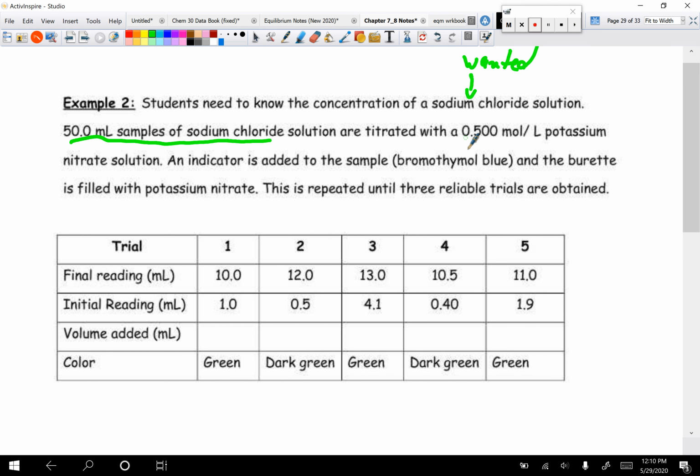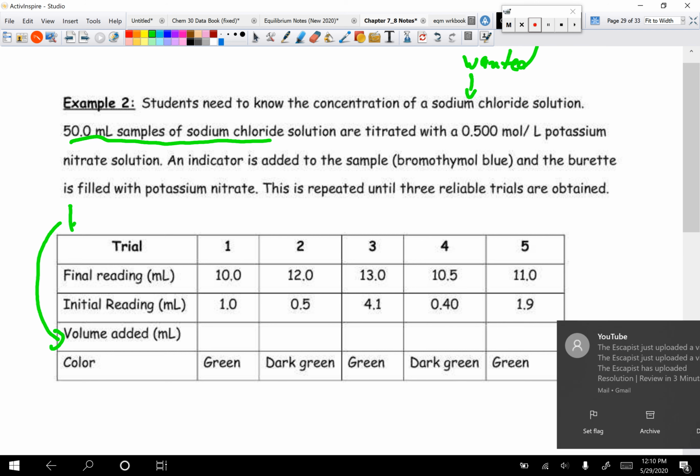Solution are titrated with a 0.500 moles per liter solution of potassium nitrate. So this should be our given, because obviously if sodium chloride is our wanted, our next thing, our potassium nitrate solution, is our given. So that means if this is our titrant, our volume added is for the potassium nitrate. And sorry for that showing up there.